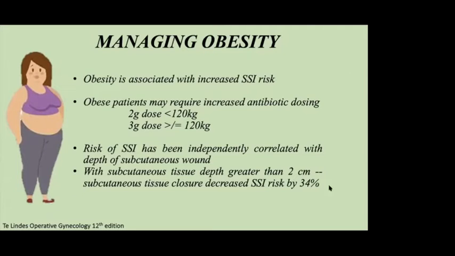Okay, they have significantly lower serum and adipose tissue levels compared to non-obese patients. Therefore, the 2-gram dose is recommended for patients weighing less than 120 kilograms, while those greater than 120 kilograms might require a dosing of 3 grams.